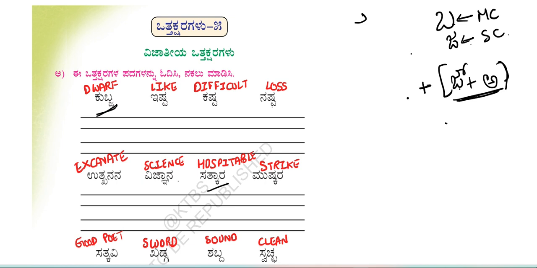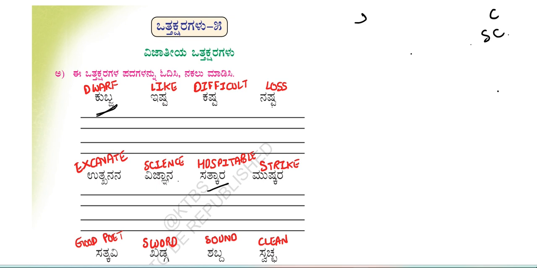Now let me summarize the rules for reading Vijati Ottaksharas. There are two different rules. This is the rule for reading.